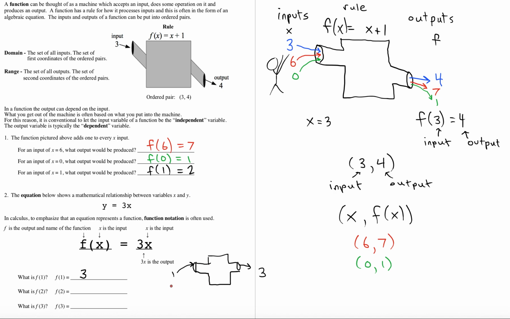All right, you should have found that if you throw a 2 into this function, what comes out is 6. And if you throw a 3 into it, what comes out is 9. It's a function which triples the input.